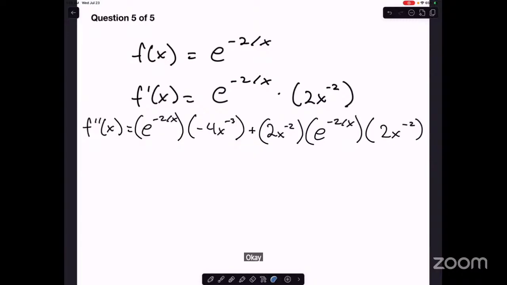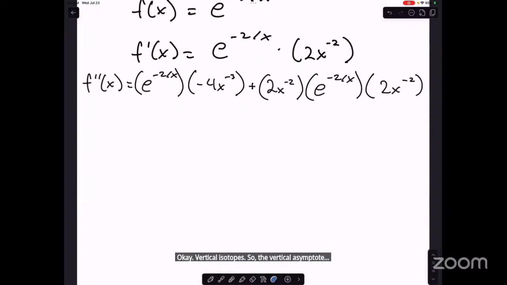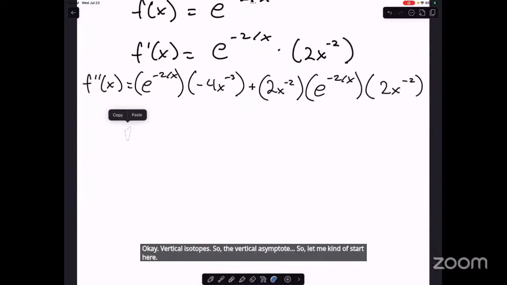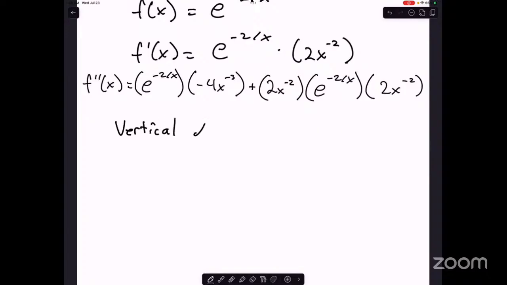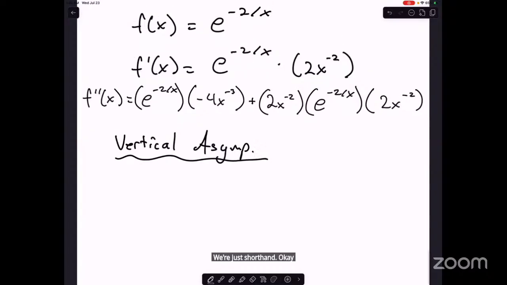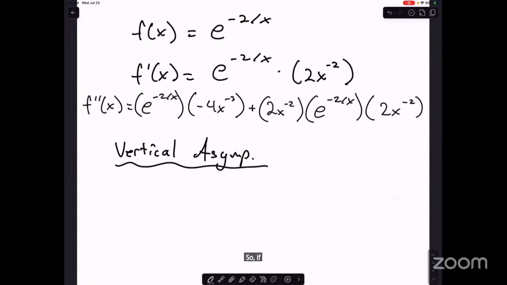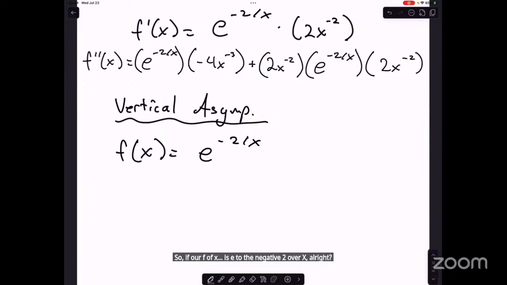Vertical asymptotes. If our f of x is e to the -2 over x, that's the same as 1 over e to the 2 over x.